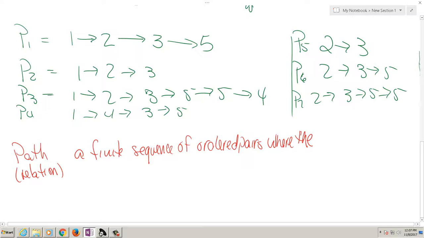So it's a finite, once again, finite sequence of ordered pairs where the first value in each pair is the same as the second value in the previous pair.